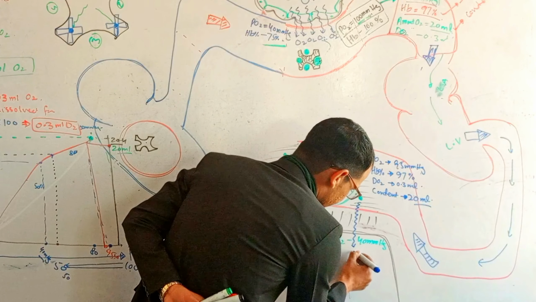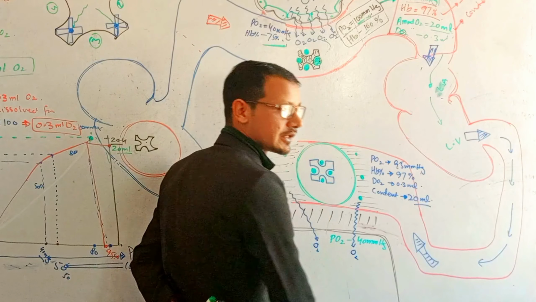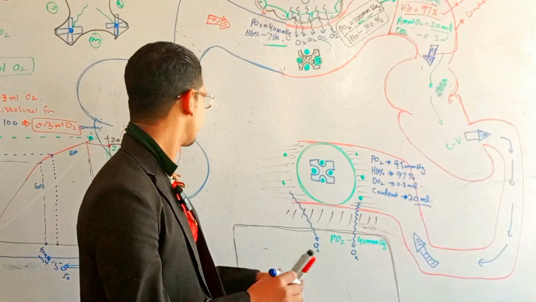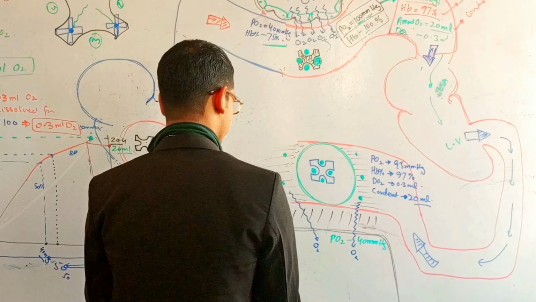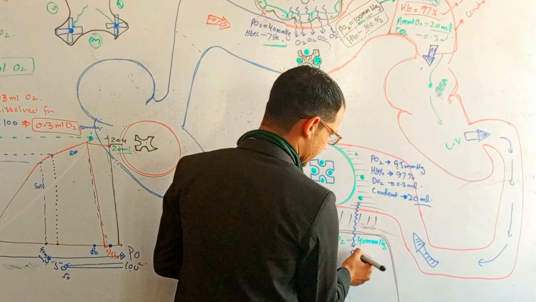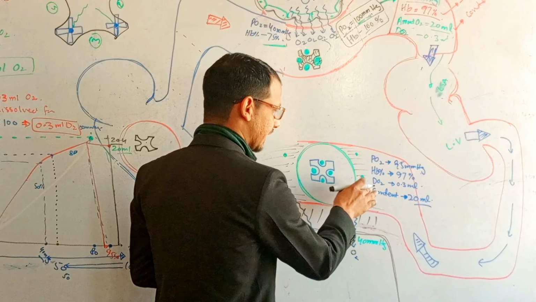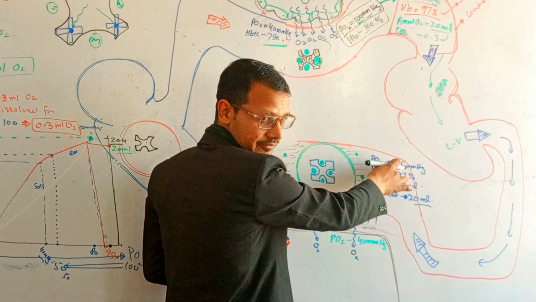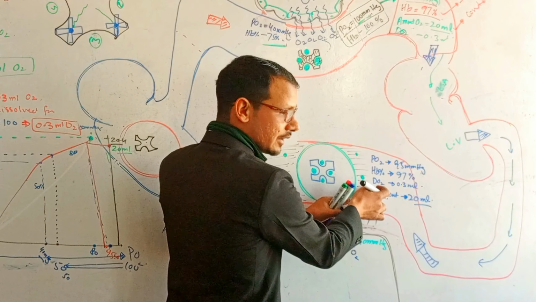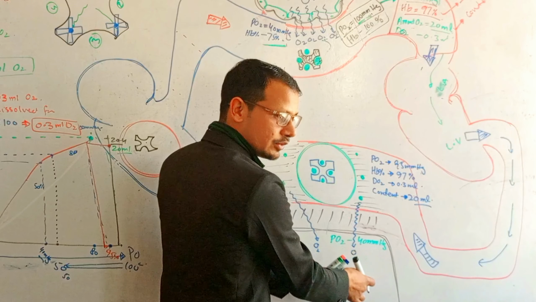Right? Here oxygen will diffuse due to partial pressure difference. For example, this is the graph. Until this partial pressure decreases, this is 95 mm of Hg, here 40, it will become the same, and oxygen is coming from blood to tissues.